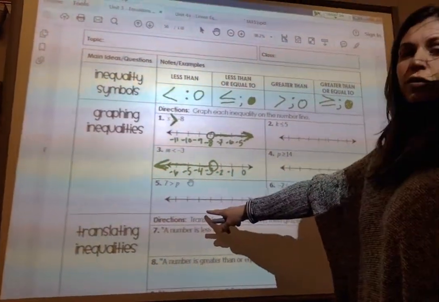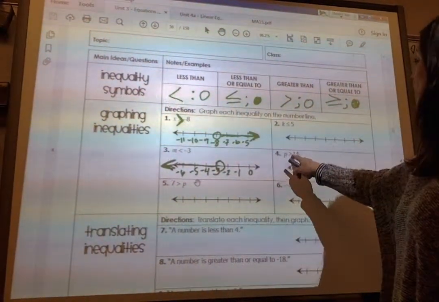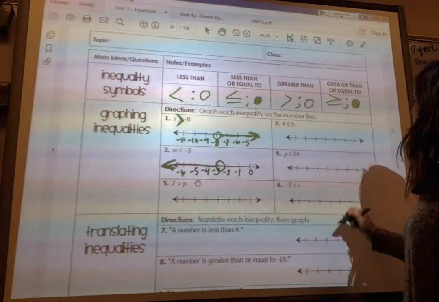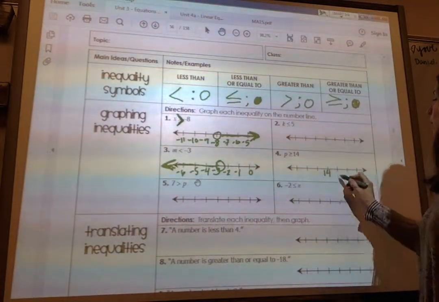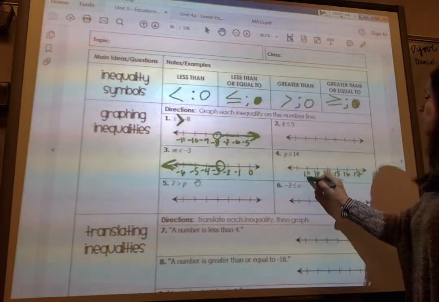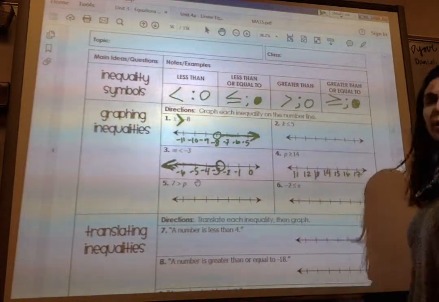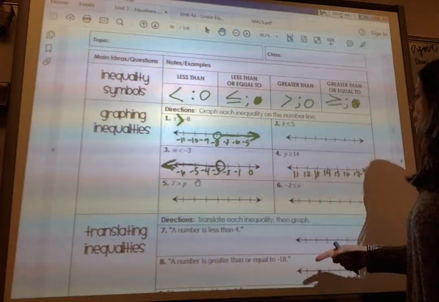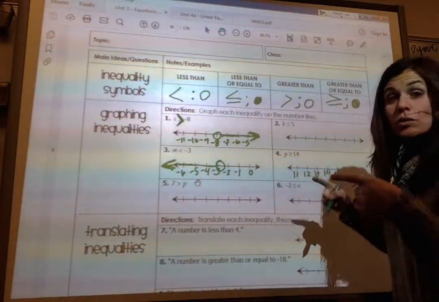Actually, I said we were going to do 5, but I want to go over here to an equal statement. It says p is greater than or equal to 14. So my target integer is in the middle, 14, 15, 16, 17. And then 13, 12, and 11. So that's what my number line looks like. It's just a snapshot. So in this statement, it's saying that p is equal to 14.